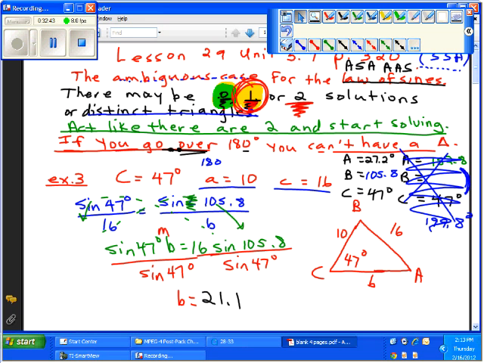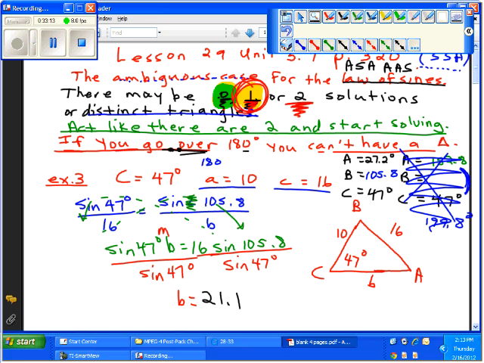In example 3, when we did the first one, it worked out that we had enough room for all three angles. But when we went to find our second choice by taking 180 minus the first choice, it put us over 180, and so you couldn't have a triangle with choice 2, which left you with still only one choice.